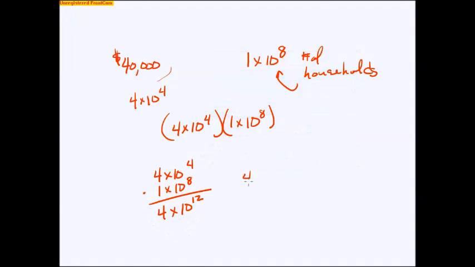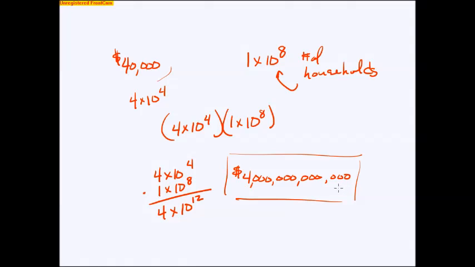Okay, so that is the amount of money, approximately, that Americans spend each year. This is thousands, right? This is going to be millions, billions. That's trillion. That's like $4 trillion that we spend on average each year.